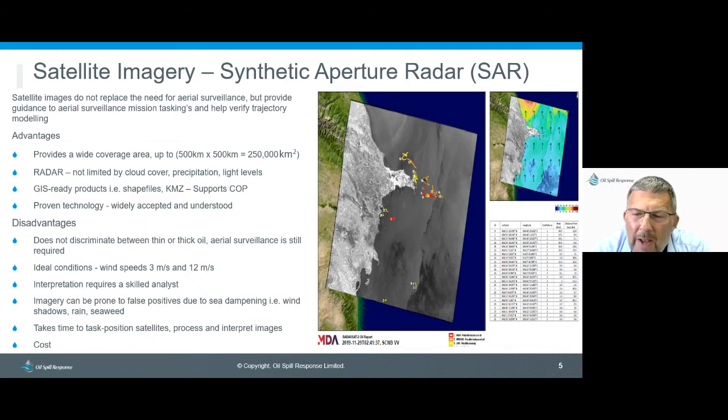The red gives a high probability of the incidence of oil, then you move down to the amber or orange sections, which give a medium possibility, and then the yellow areas are a low possibility. It also gives you the location, the area of the spill, and some wind data as well, so that helps to feed into the modelling. So as I said, a really useful tool.